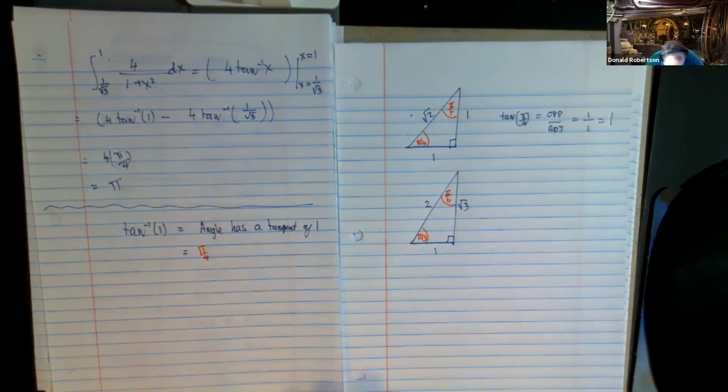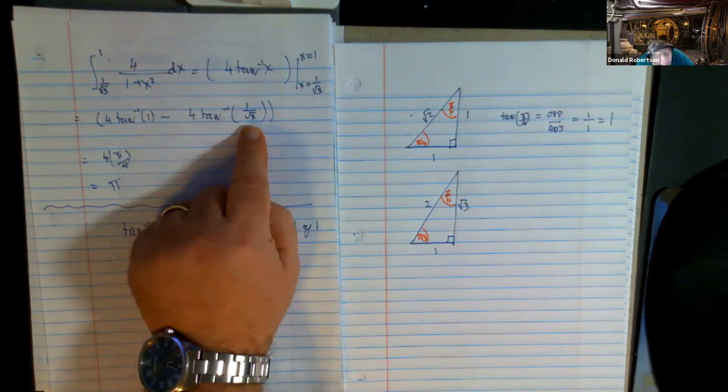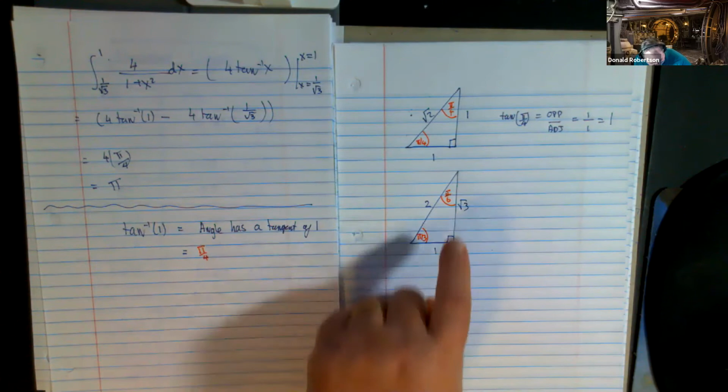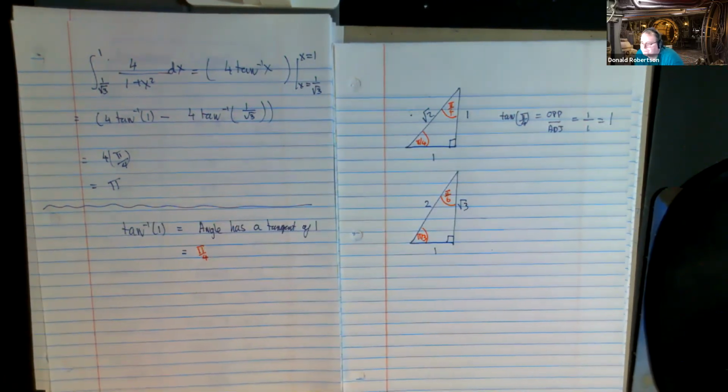So one of these two angles gives you a tangent of 1 over root 3. Which one of these two angles will give you a tangent that's 1 over root 3?